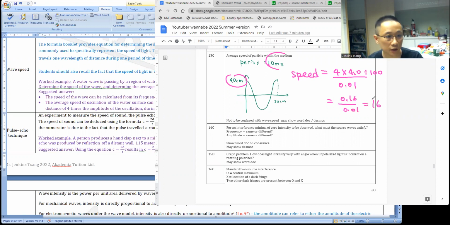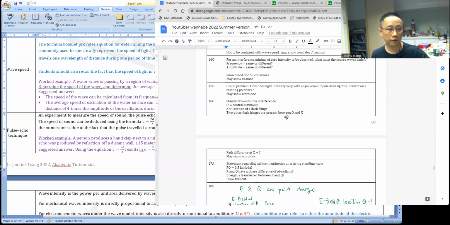So the speed is 16 meters per second, which is choice C. And notice that I did not even use the 20 cm, which is actually the wavelength. In any event, hopefully my explanation clearly illustrates the 2 different kinds of speeds that you can be asked about on a question like this.